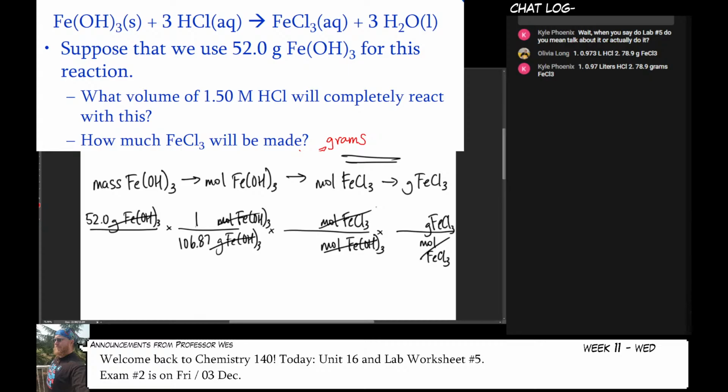Now you can fill in the rest of the numbers. We already did the molar mass of iron 3 hydroxide. For FeCl3 and Fe(OH)3, they both have 1s in front of them. And then it's just how many grams are there in a mole of FeCl3. So I'll go back to Lentech, type that in, and I got 162.20.